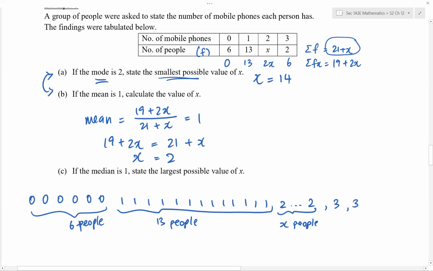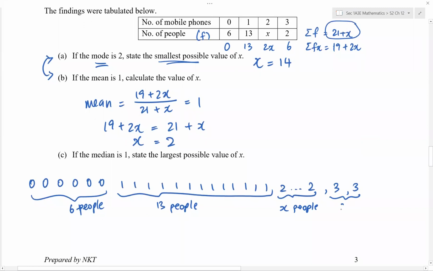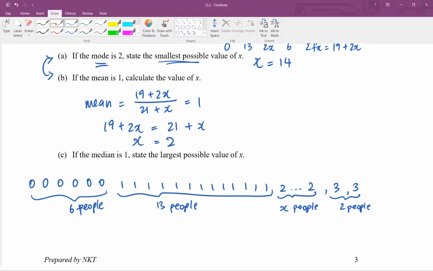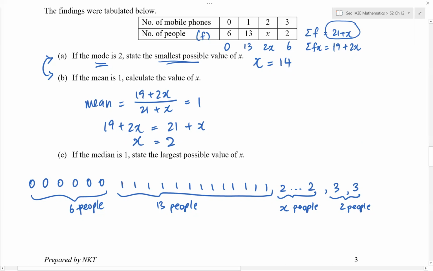3 and 3. So here 2 people. Now they tell us that the median is 1. Look, there are so many ones over here. There are 13 of them. Let's go from left to right.